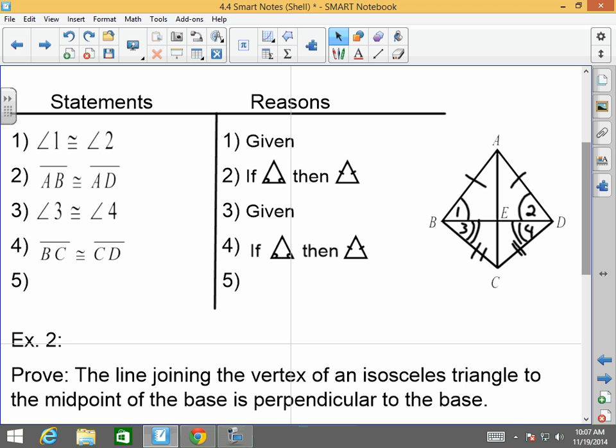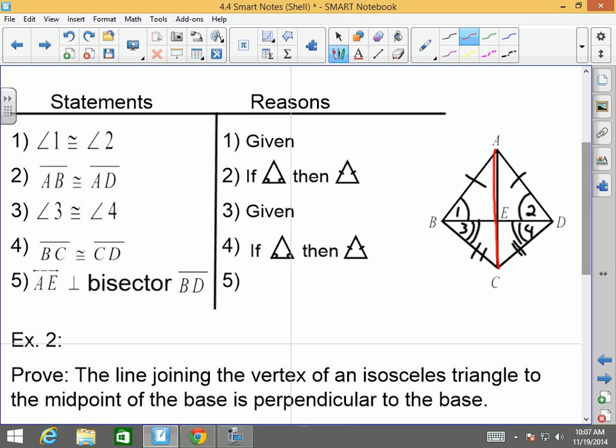Now look at what we have here, guys. AE is the perpendicular bisector of BD. Now you may be saying to yourself, why? Well, think about it. Isn't point A on AC? Yes, it is.